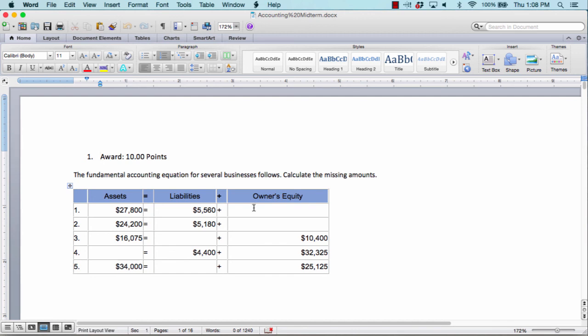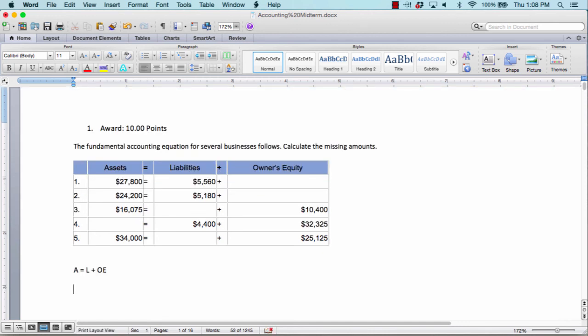Some of them are asking you to determine the owner's equity, while the others are asking you for liabilities, and the others are asking for assets. So just remember your algebra concepts that you have learned throughout your years of education. Assets equals liabilities plus owner's equity.